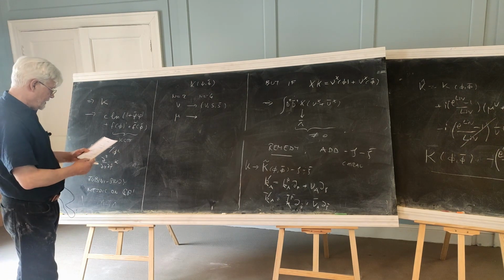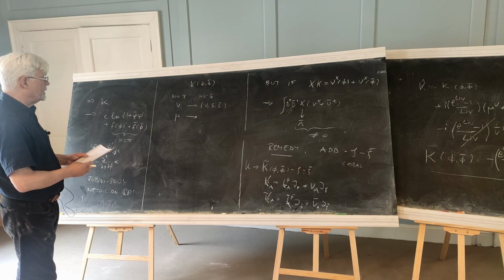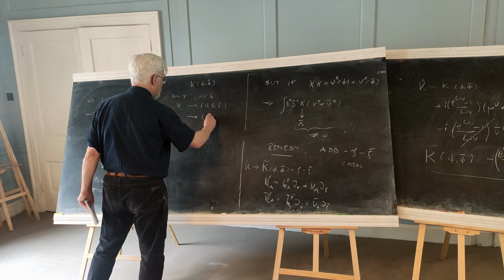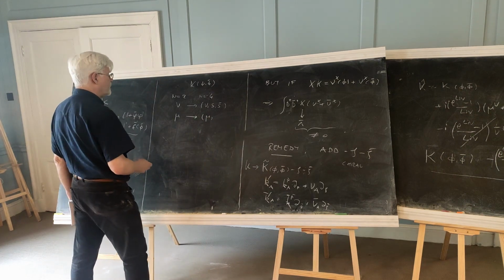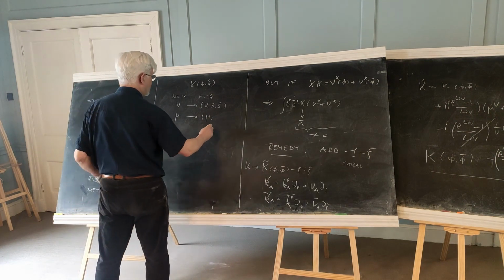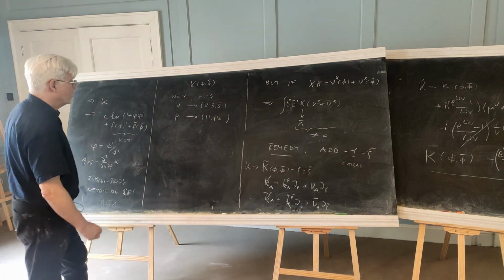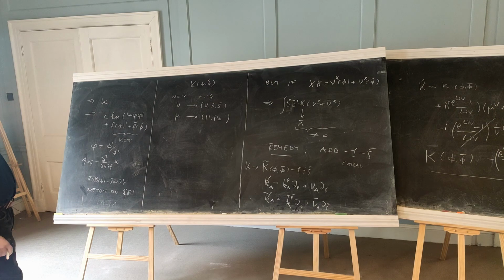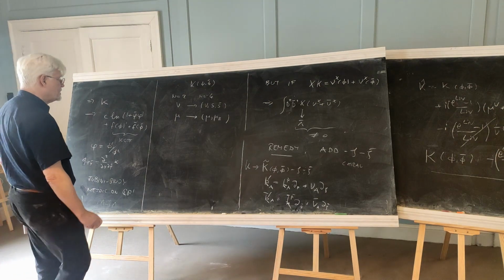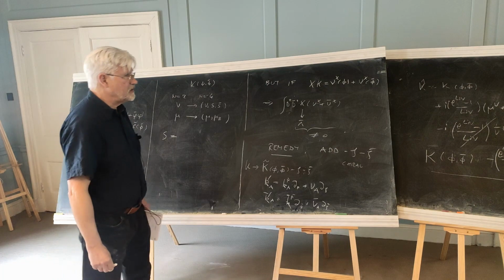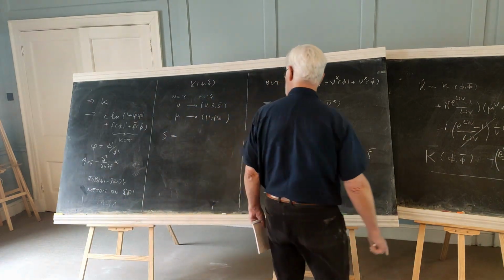I can write it again, but this now also gets into a multiplet, and the multiplet contains 2 more moment maps, mu plus and minus, and the gauged action, which starts out from this.